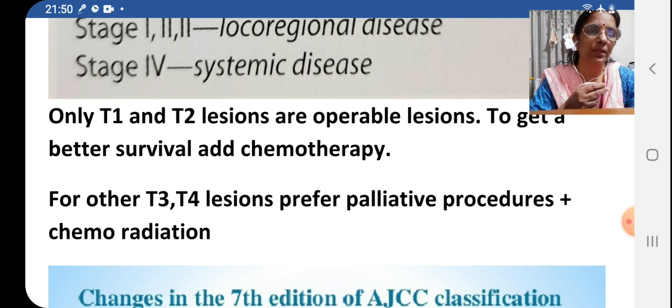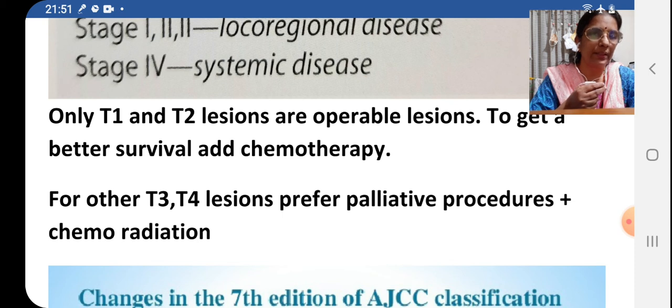T4 lesion is involvement of the surrounding structures also. So in these lesions, we prefer a palliative procedure plus chemoradiation. So now you know what is the treatment for T1 and T2 lesions. Whatever be the nodal involvement, T1 and T2 lesions are operable lesions. But after that you have to add chemotherapy.